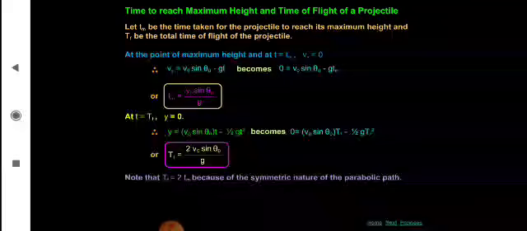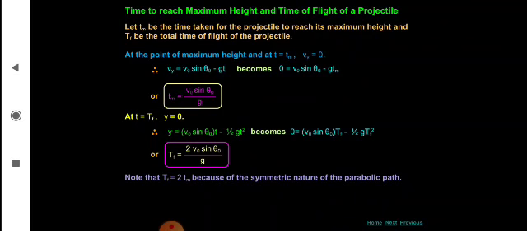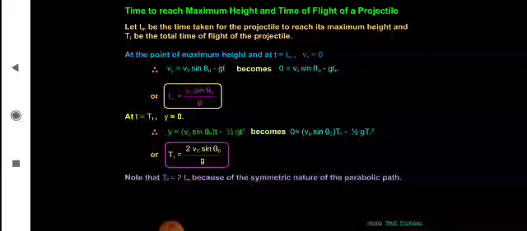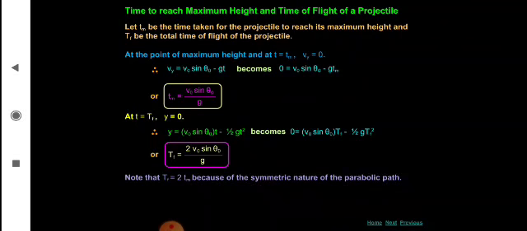So 0 is equal to v naught sin theta naught into Tf minus half times g Tf square. Therefore Tf is equal to 2 times v naught sin theta naught divided by g.